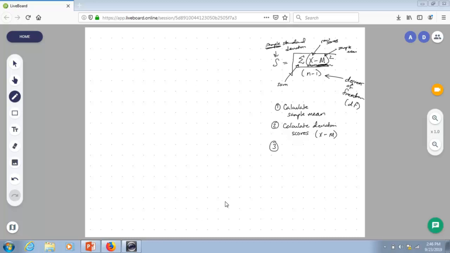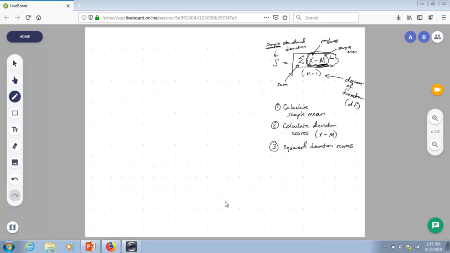After you do that, you will square your deviation scores. That would mean doing all of this. And the reason why we're squaring deviation scores is because if we were to take our true mean and subtract it from every raw score, and then go the route of summing up all of those deviation scores, we would end up with a 0 because all of the numbers balance out around the mean.